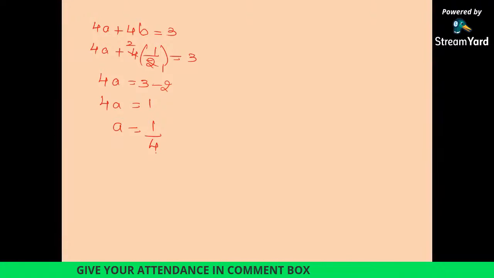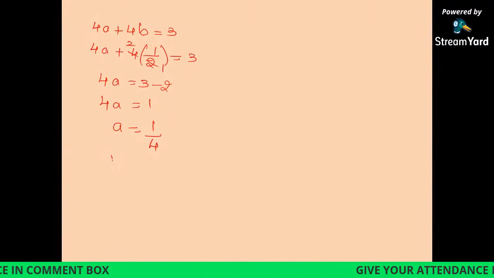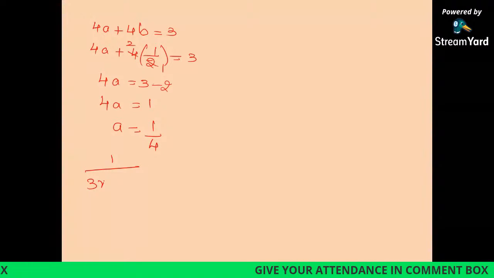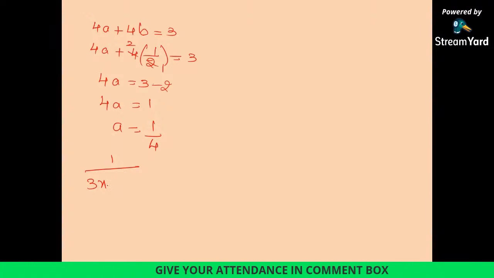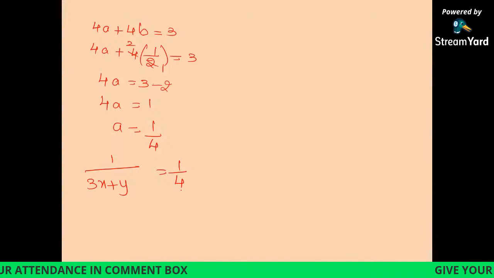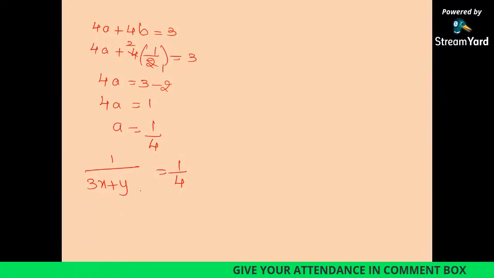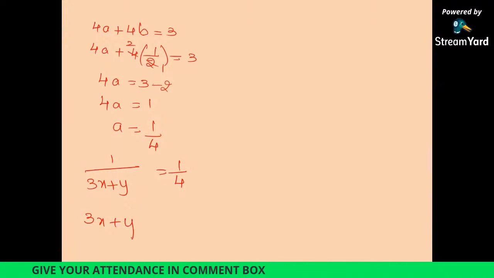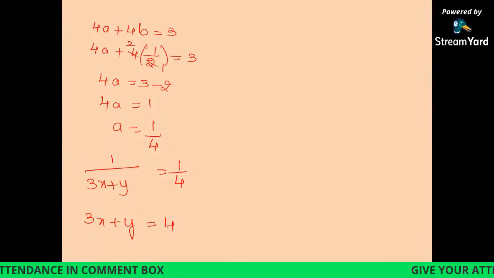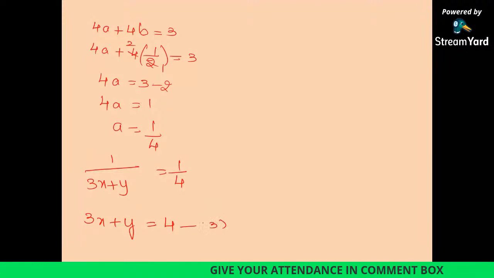But it is not yet finished. Here we have considered a as 1 by (3x plus y), so 1 by (3x plus y) is equal to 1 by 4. Therefore, to get the value of 3x plus y, just taking reciprocal, 3x plus y is equal to 4. You get one more equation, name it as equation 3.